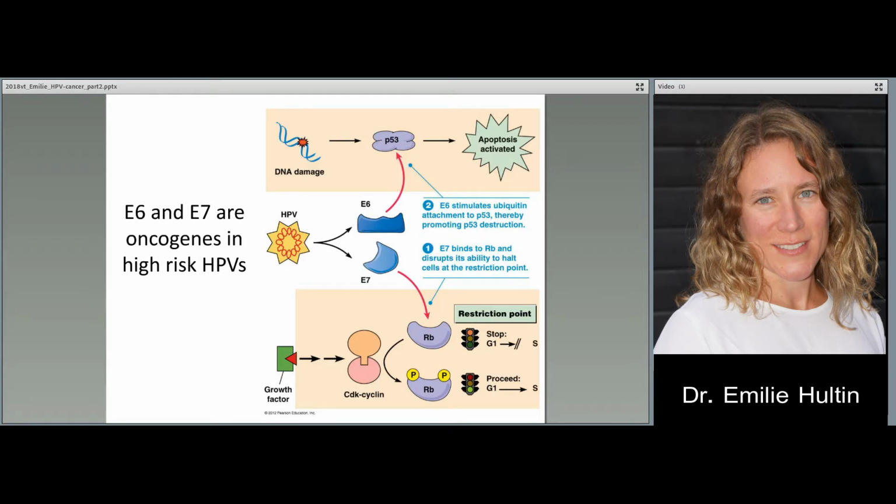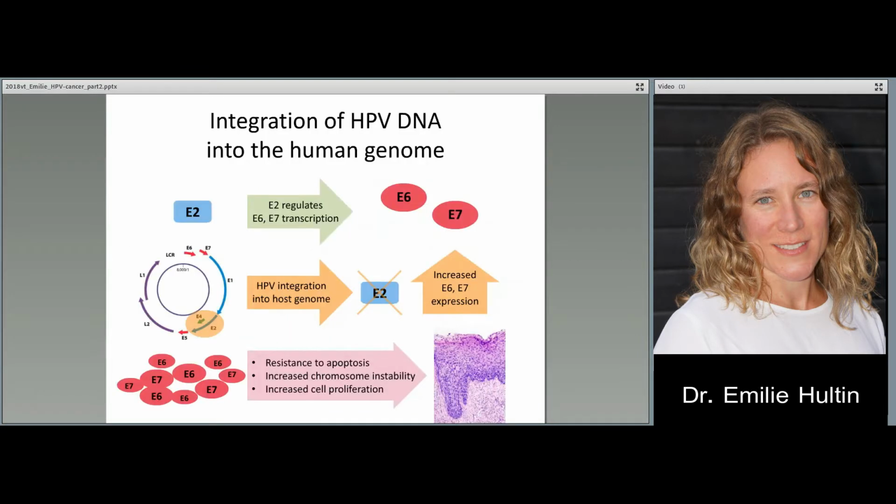So here we see the complete picture of how E6 and E7 are oncogenes in the high-risk HPV types and how they act. E6 acts on the P53 pathway by degrading P53 and thereby stopping cells from apoptosis, and the E7 protein from the HPV can bind to the RB protein, leading to cell proliferation.